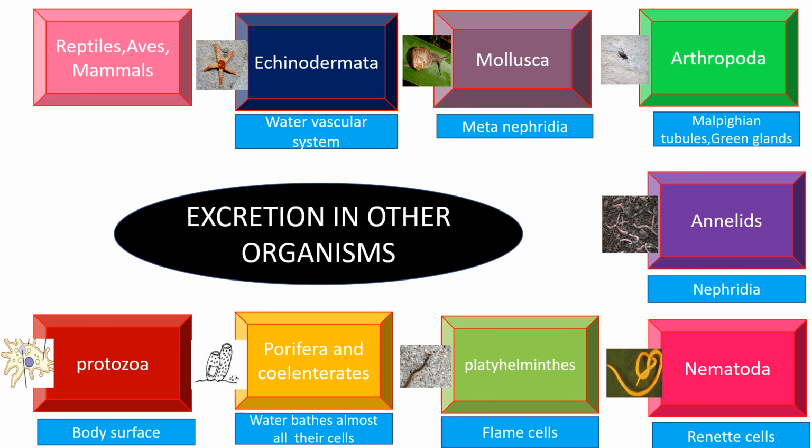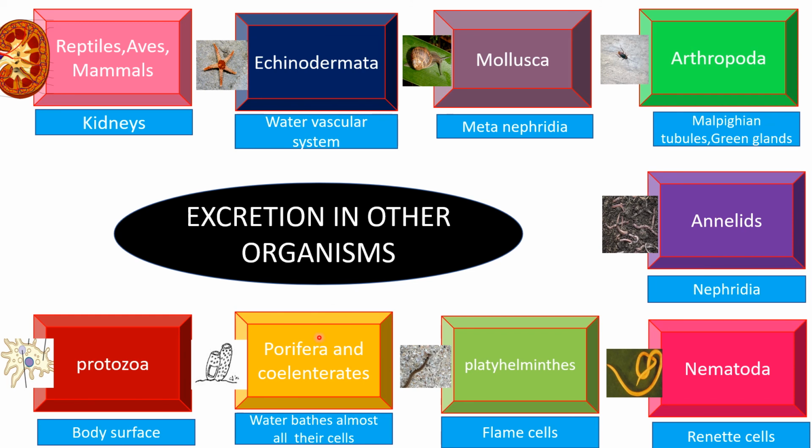Reptiles, aves and mammals excrete through kidneys. Different organisms use different strategies in excretion. Specific excretory organs are absent in unicellular organisms like amoeba and all protozoans.